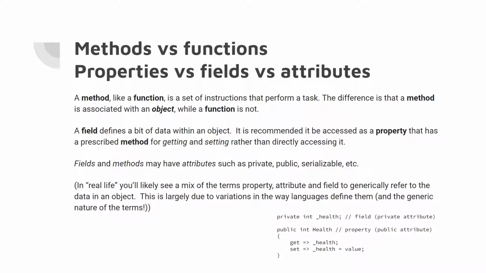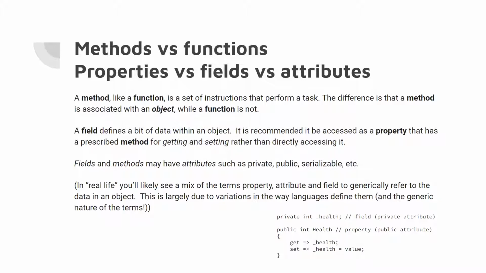But for now, we're going to use some of these terms in a loose way, though sometimes I want to make you aware of additional capabilities that, if you want to get into really good practices, you can take advantage of. So a method is like a function. A method is specifically a function that is associated with an object.